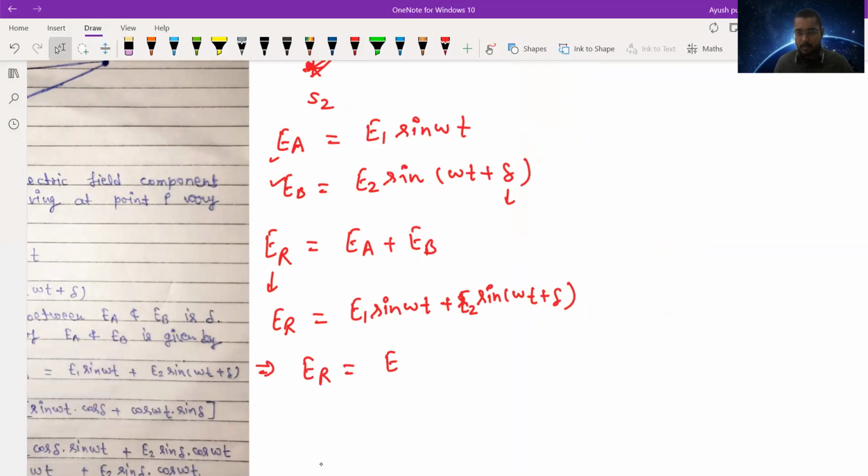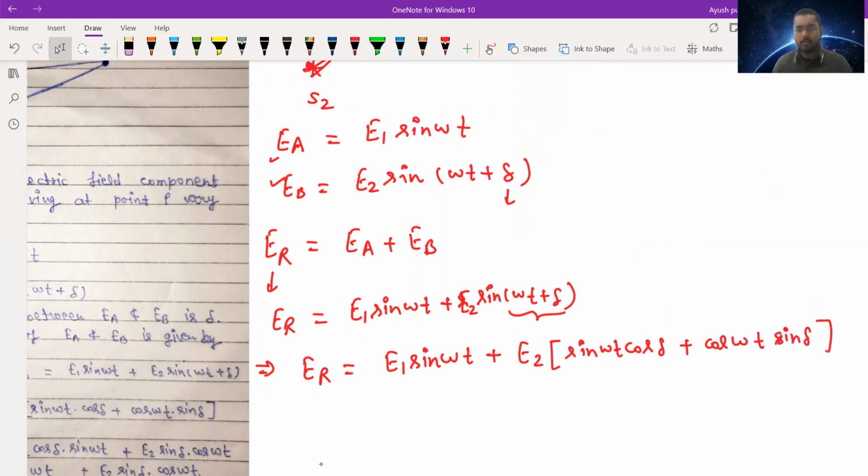Let's write E1 sine omega t as it is, and open sine omega t plus delta. It can be written as sine omega t cos delta plus cos omega t sine delta. This is the formula of sine A plus B, I'm assuming you are aware of this.